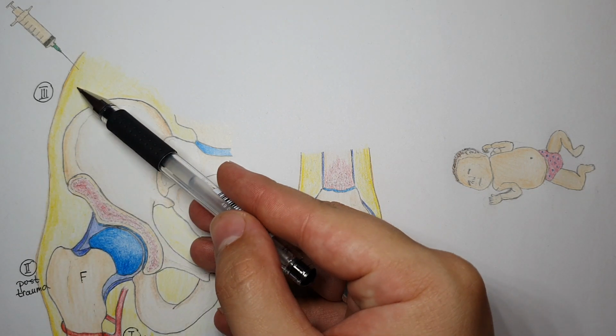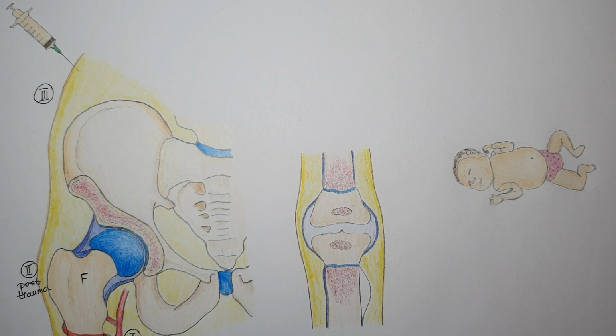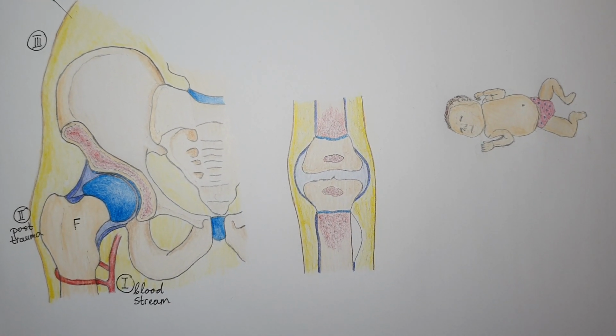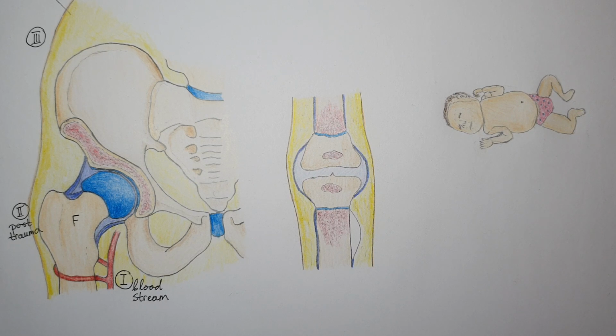So a continuous spread from a neighborhood area of cellulitis can spread to the bone and cause osteomyelitis. So basically, these are the three main ways of infecting the bone, the main pathophysiology of it.